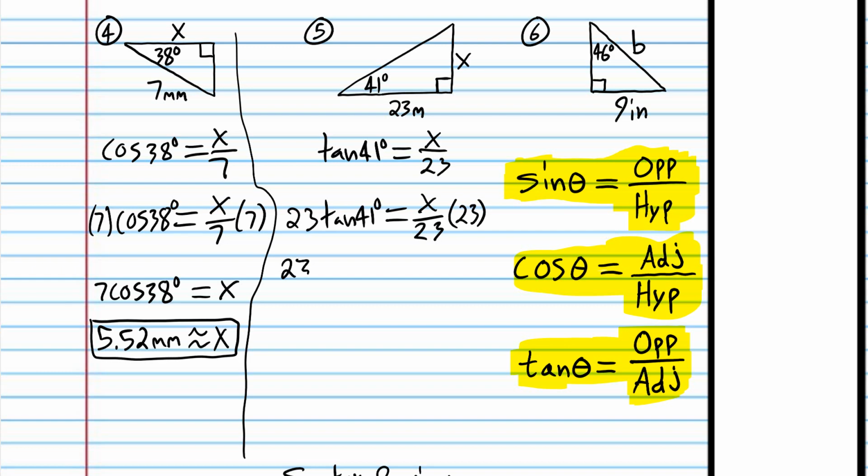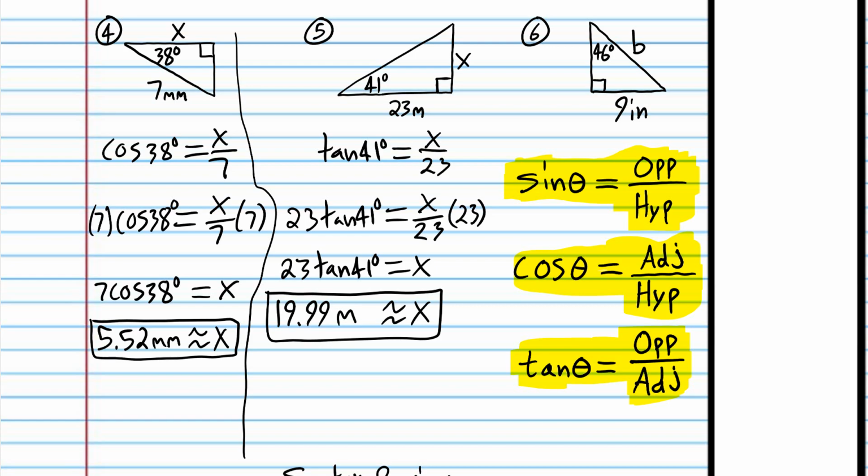And we have 23 times tangent 41 degrees is equal to x. So let's get out the calculator: 23 times 41, tangent button, equals 19.99.